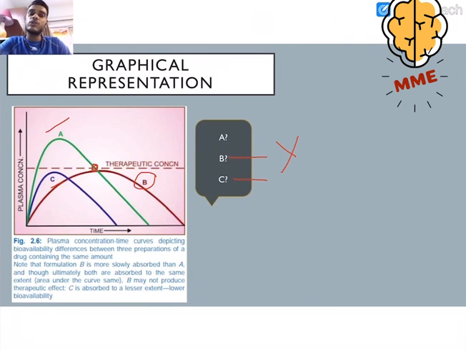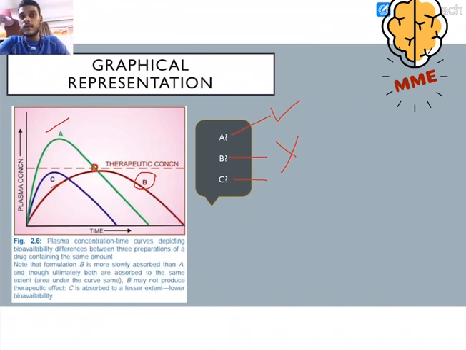And C, as you can see, also has a smaller area under the curve, right? So its bioavailability will again be less. So the most beneficial of the three, as you can see very clearly, should be A, right? A is the most beneficial of the three. Why?